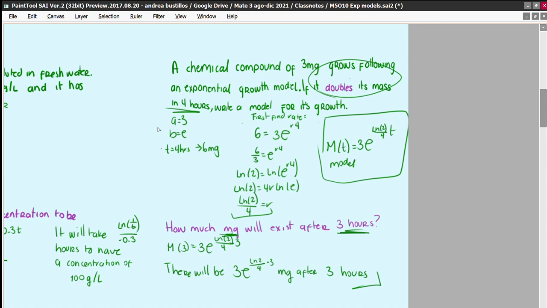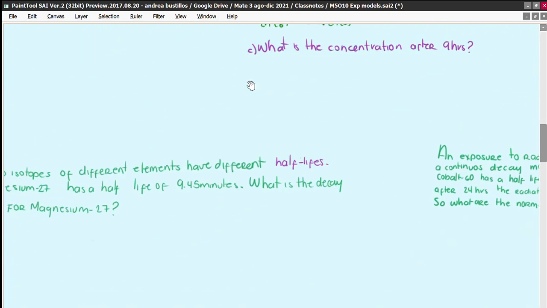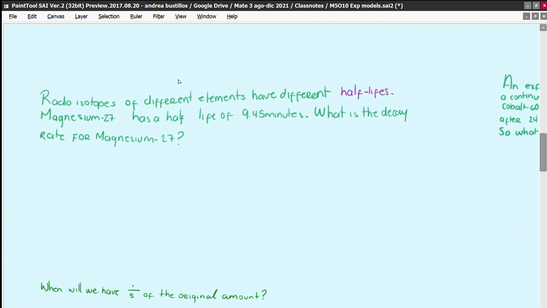So after a certain amount of time, we have doubled the original amount of mass that we had. Remember, if this was triple instead of double, we would have 3 times the original mass, etc. So when we're working with half-lives, we're talking about after a certain amount of time, we're going to have half of the original amount.